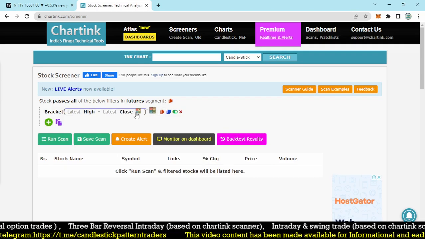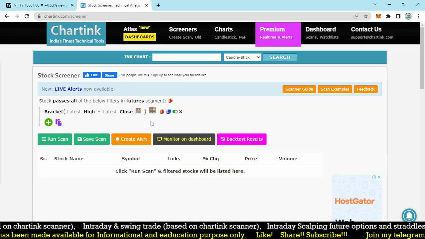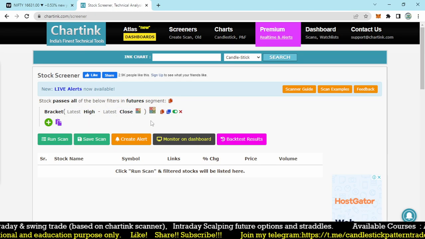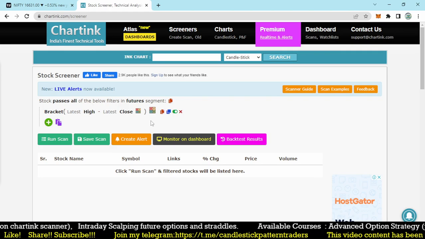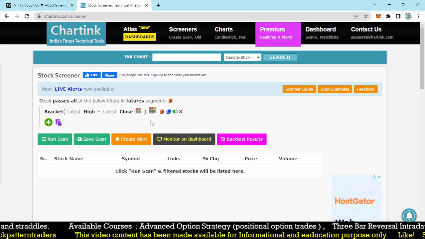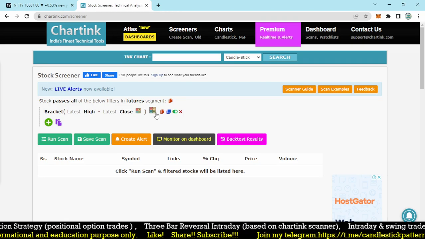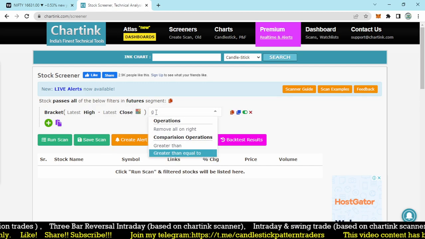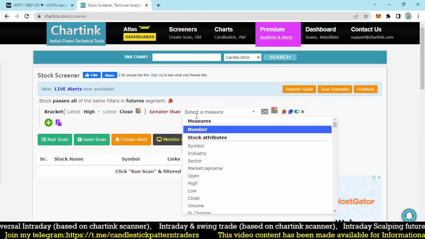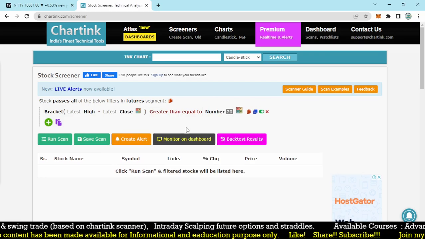So I'm focusing on the latest close, high minus close. I'm comparing today's highest price and today's close price. These two prices, let's say the high is 105 and the close is 100. So this gap I have taken here, and that gap must be greater than or equal to, so both are the same.